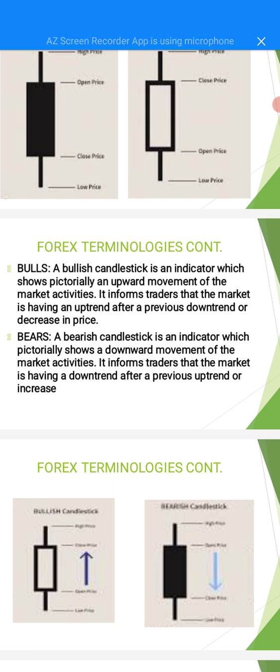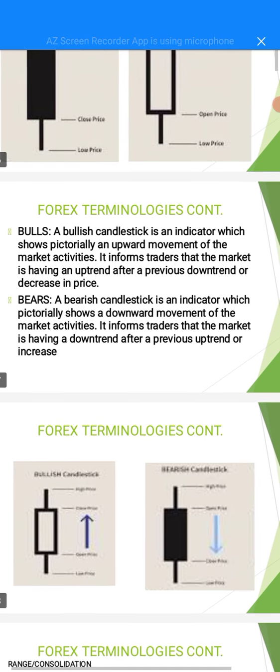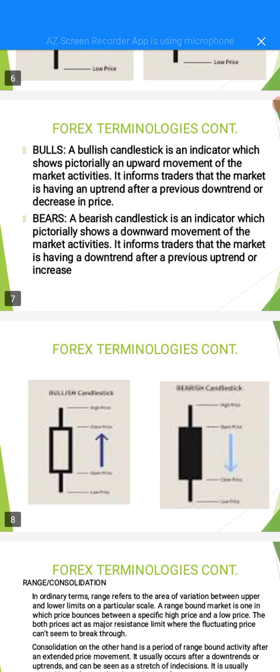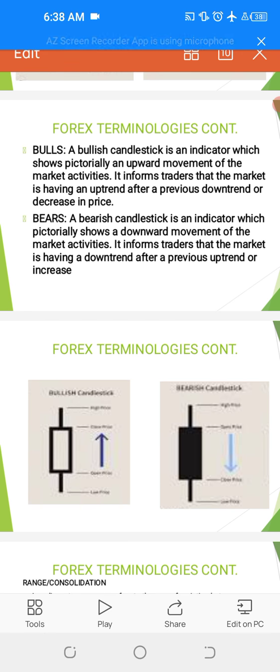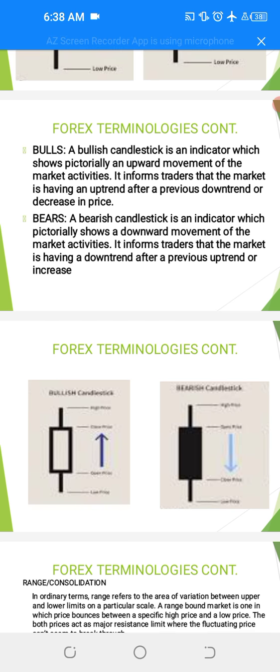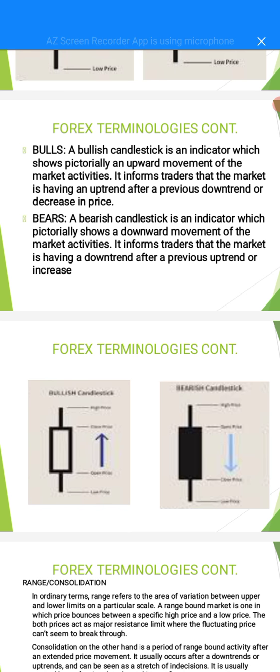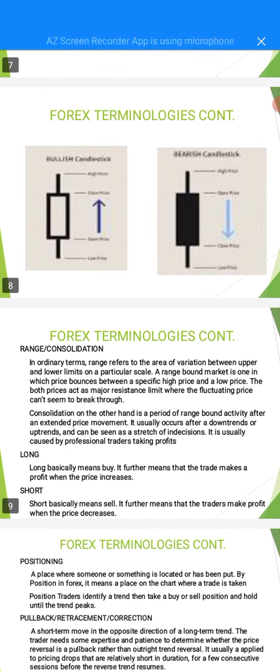It informs traders that the market is having a downtrend after a previous uptrend. As you can see, the first one here is the bulls with an arrow indicating upward, while the second one is the bears with an arrow indicating downwards.